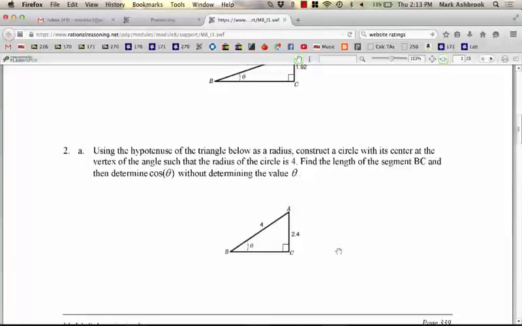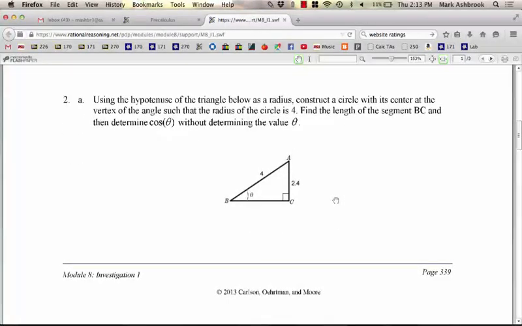And then, so if you want to do cosine, look at 2a. If you want to do cosine, is it going to be 2.4 over 4? How are you going to get that? So we need that length BC, the horizontal distance, right? Or the adjacent side. How are we going to get it? Exactly, right? So we'll just call it x.